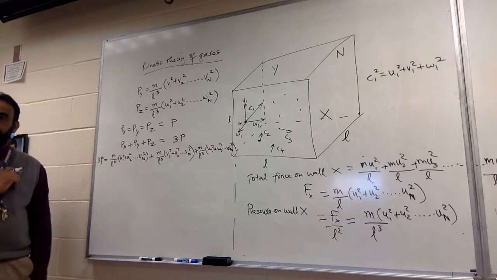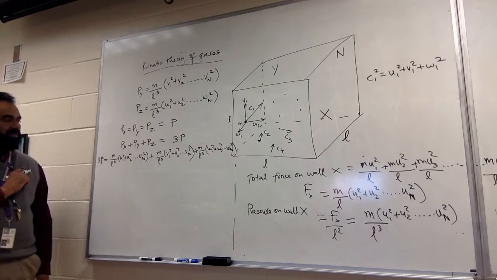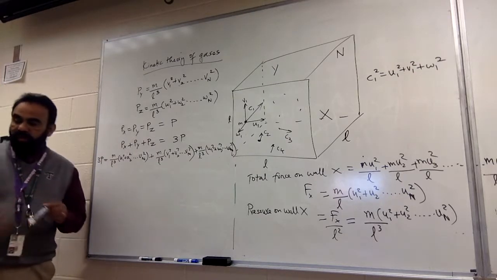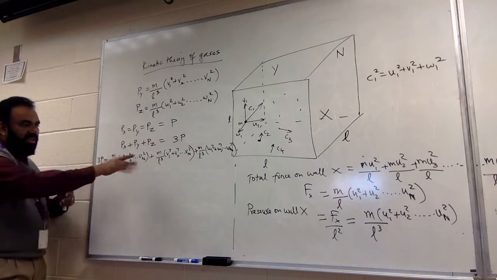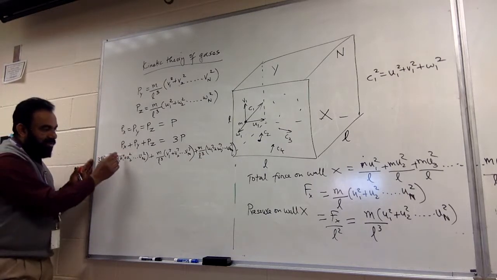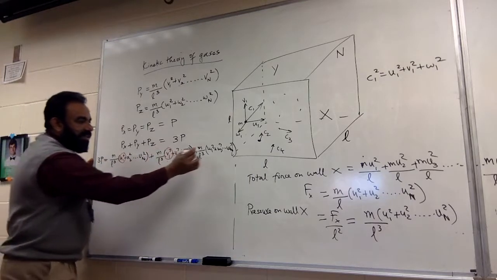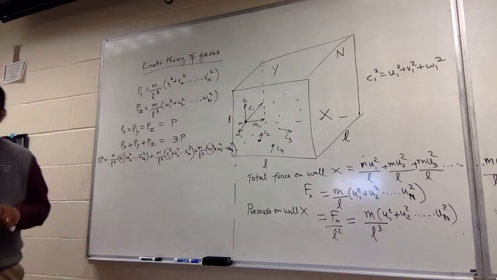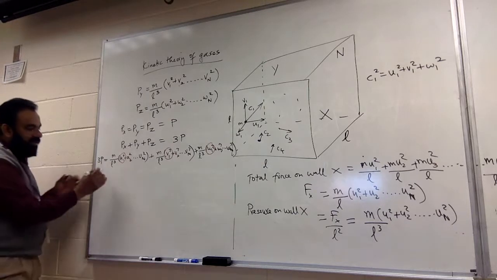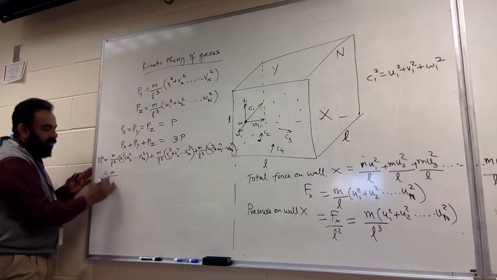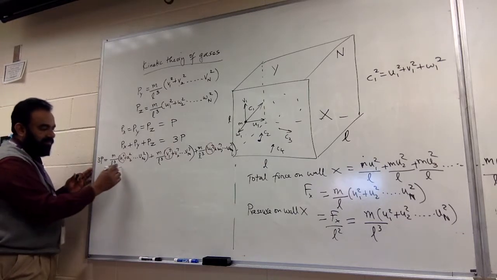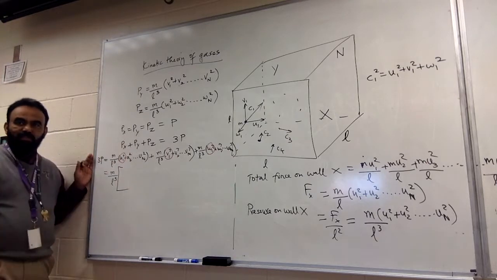Now I'm going to add in a special way. I'm going to rearrange all this. I'm going to collect this, and this, and write it this way. M over L cubed, opening a big bracket now.